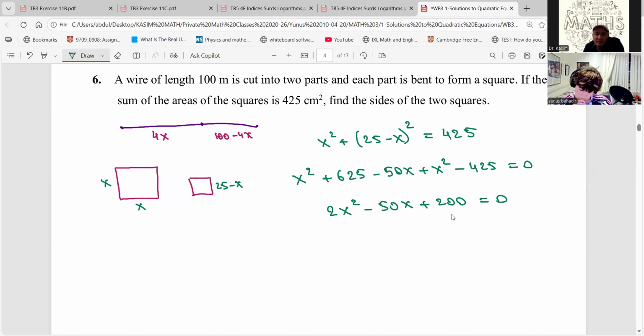All numbers are divisible by 2. I can solve like this, but if I simplify, I can solve better, easier and faster. Divide both sides by positive 2. I have x squared minus 25x plus 100 equal to 0. Now my first attempt should be factoring, because factoring gives the solution really fast. Can you tell me two numbers, Yunus, whose product is 100 and their sum is negative 25?